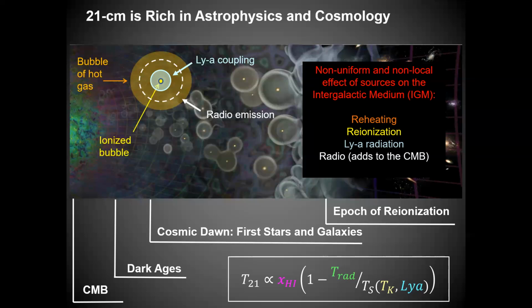There are some overdense regions where stars form first, and these regions will be hotter because first stars will heat up the gas sooner, while the regions like here, where there are no stars until later on, will remain cold. And so we will see fluctuation in the 21 centimeter signal, depending if the gas is hot or cold.